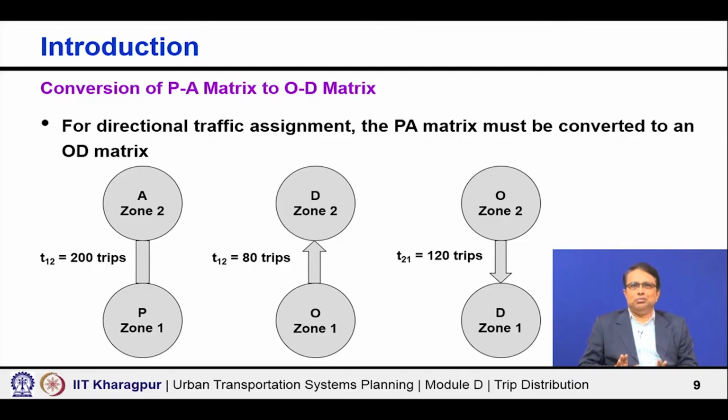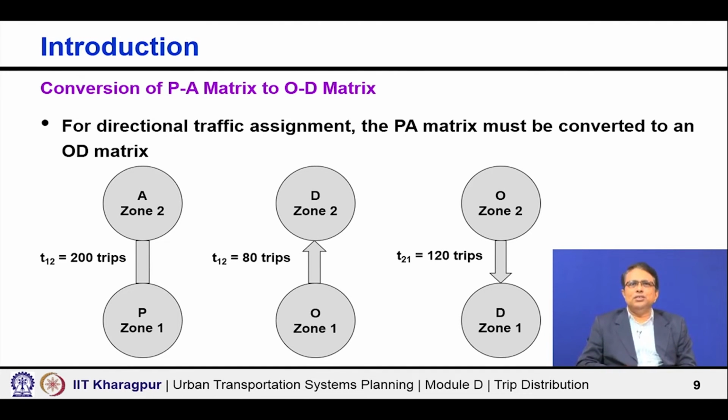That we do not know, that we have not said. Maybe out of those, some trips are actually happening from 1 to 2 in that direction, and some are happening from 2 to 1 in that direction. That is what is shown here in the next two sketches.